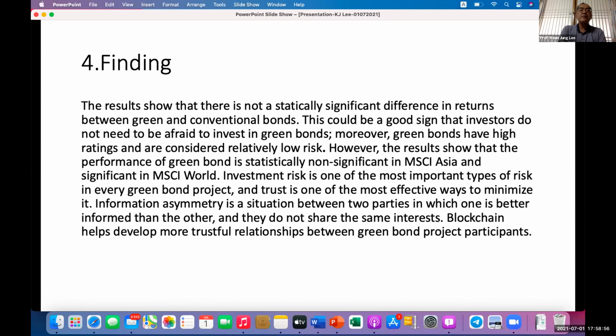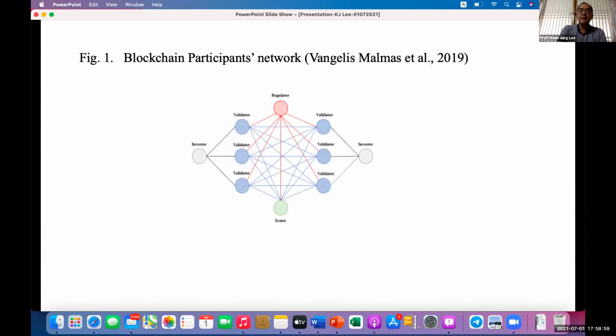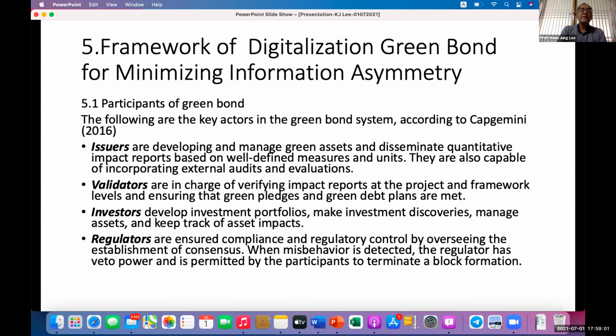Sorry. This one is section 5, the framework of digitalizing green bond for minimizing information asymmetry. First of all, who are the participants of the green bond?